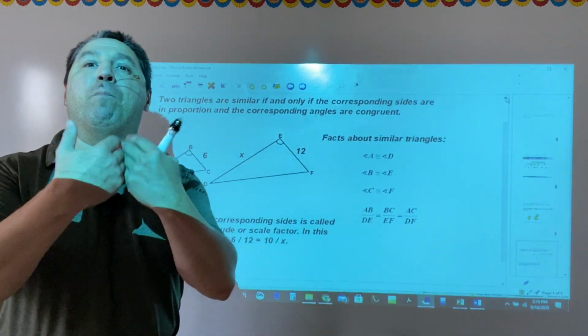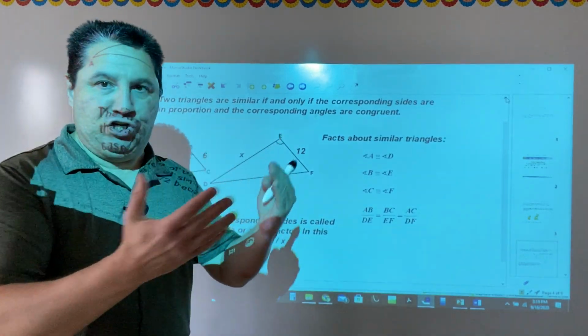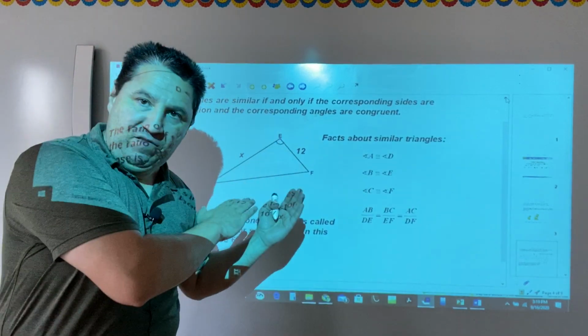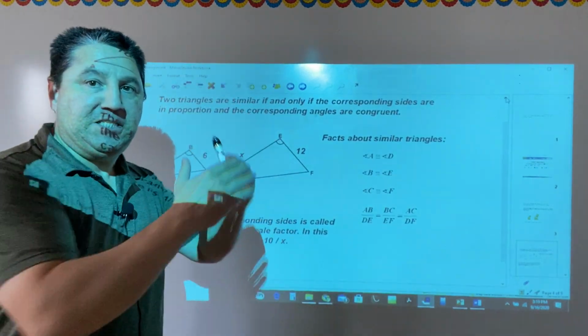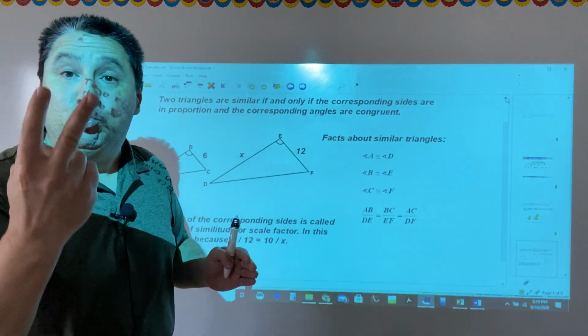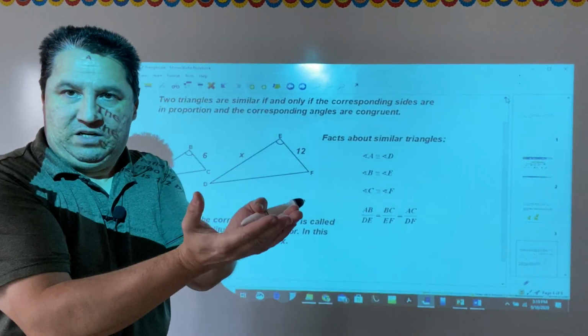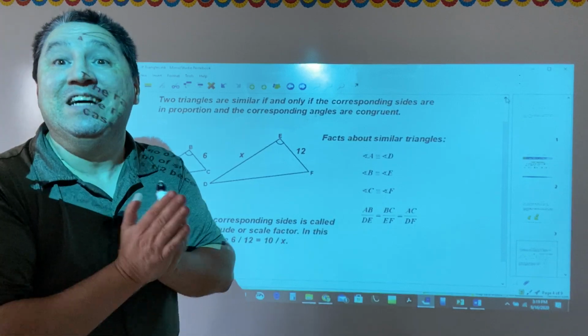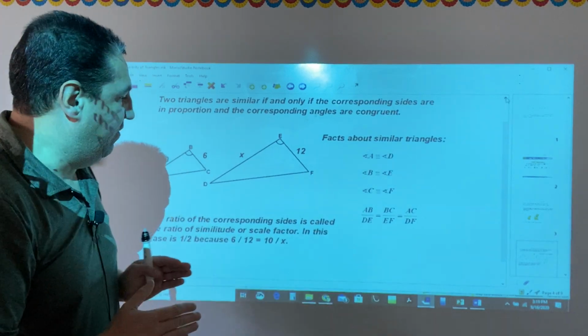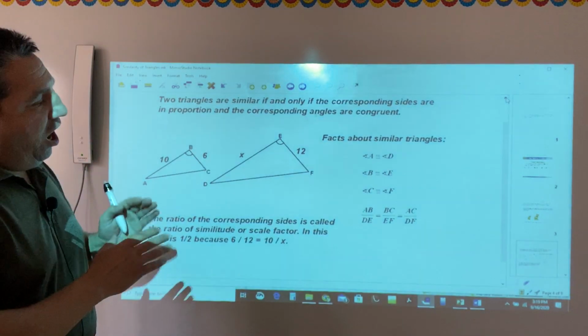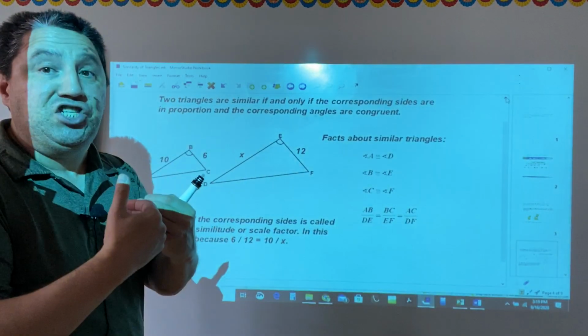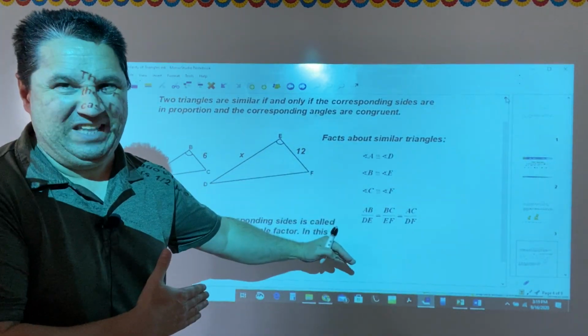Besides these conditions, the corresponding sides of these two triangles must be in proportion. What does proportion mean? A proportion, as we know from a previous lesson, is an equation that states two or more ratios are equal. Now, how do we write the ratios of the corresponding sides?